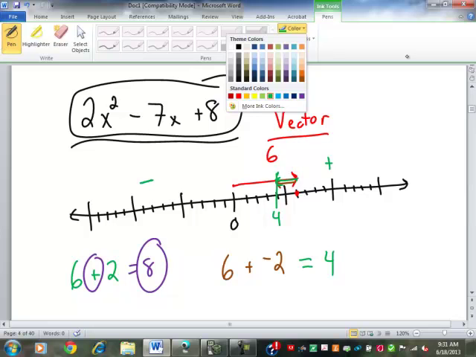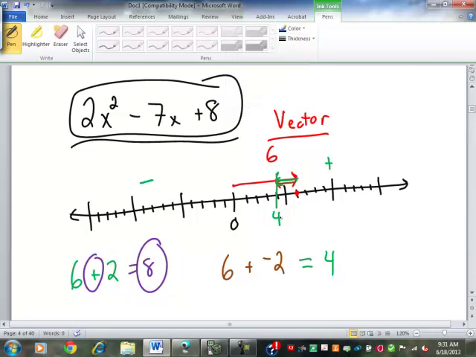But I do keep these images in my head because it does help me figure it out. This one had to be a positive 4 because the positive vector was longer, which means everything stays on the positive side. Even though this 2 goes in the negative direction, it's not long enough to get us back past 0. Does that make sense?